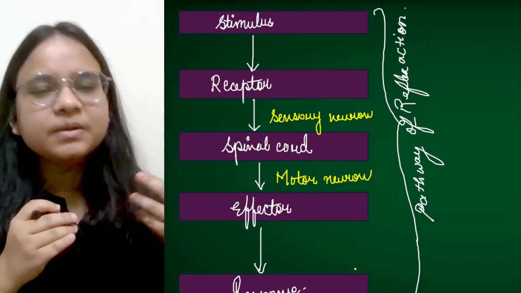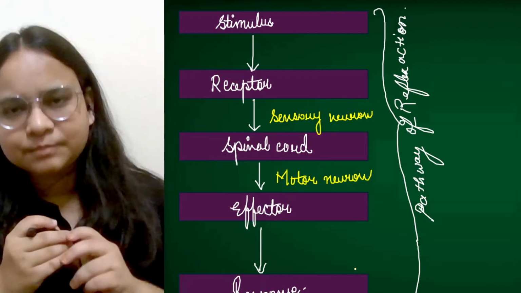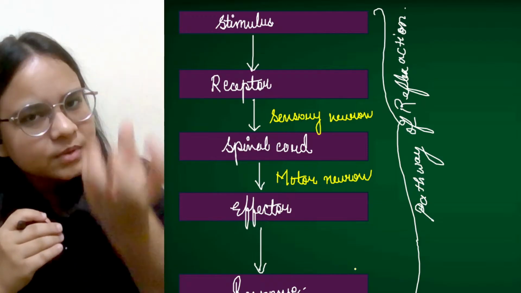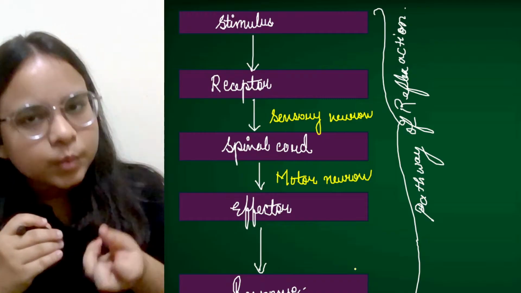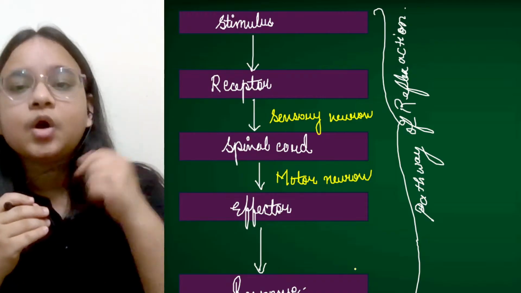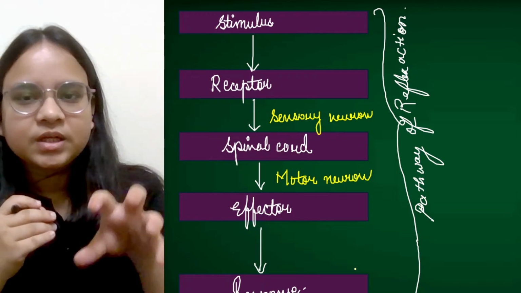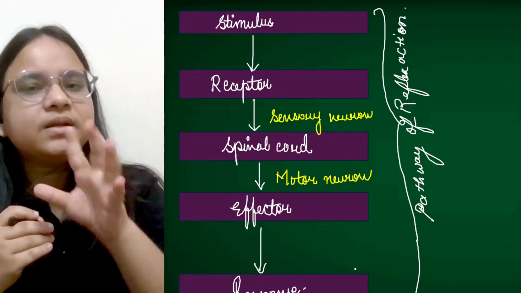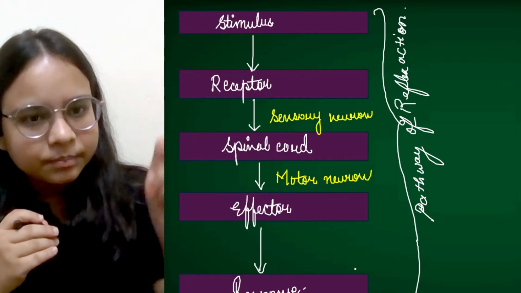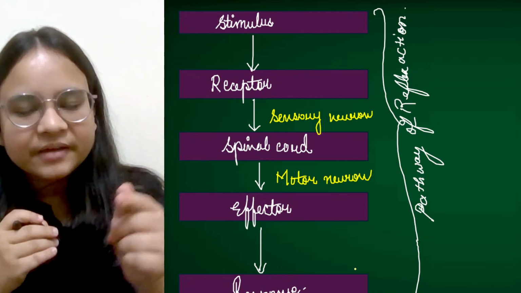A similar mechanism we can see in the case of the spinal cord. Whatever stimulus we are receiving, whatever messages our body is receiving, the spinal cord or the brain interprets all this information and produces a result. Once the result is produced, it sends it to the effector muscle.